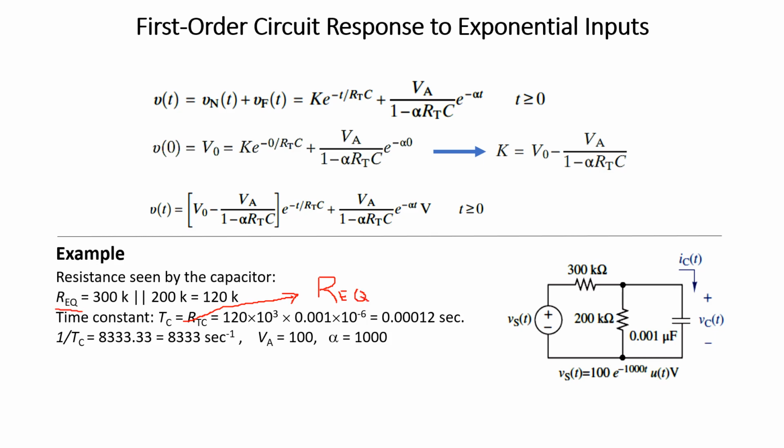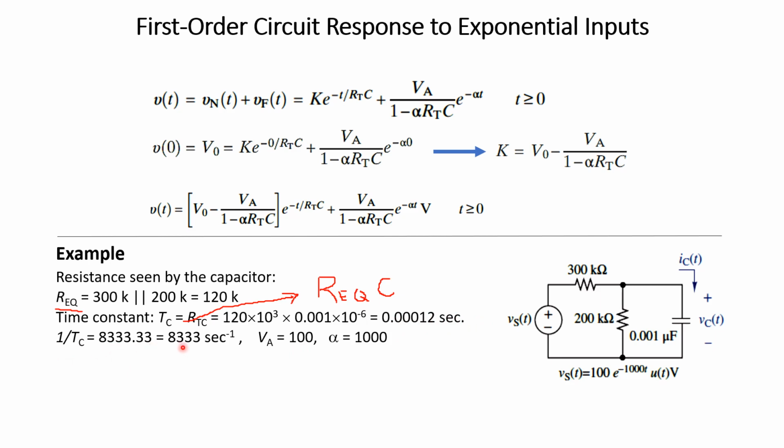This is R equivalent multiplied by C. I wanted to write this over here, so I think it will not be a problem for you as I have explained it. So R equivalent multiplied by C is the time constant. I advise you to verify these calculations in case of any error.